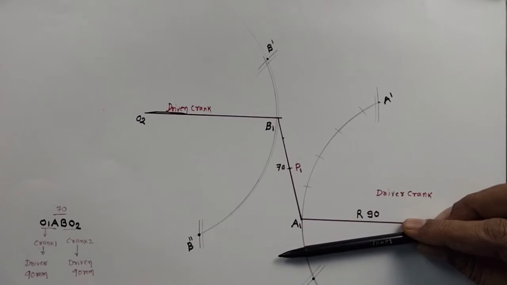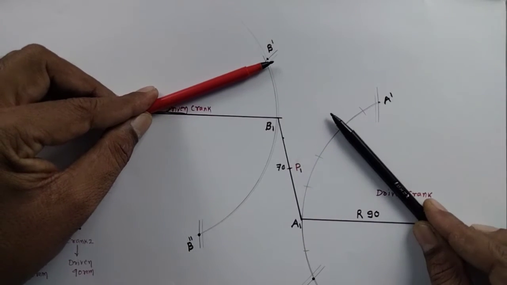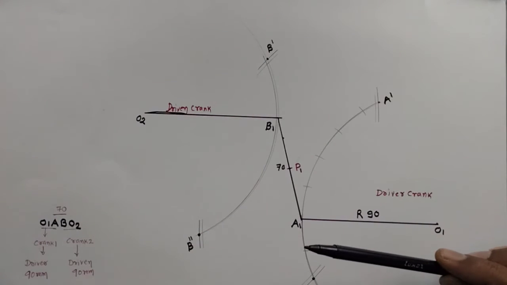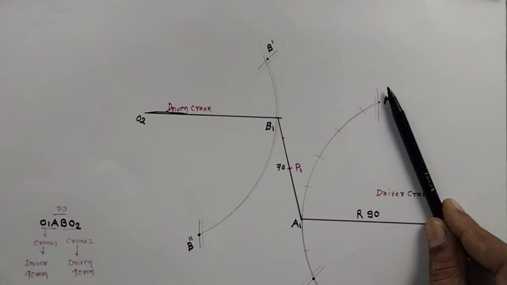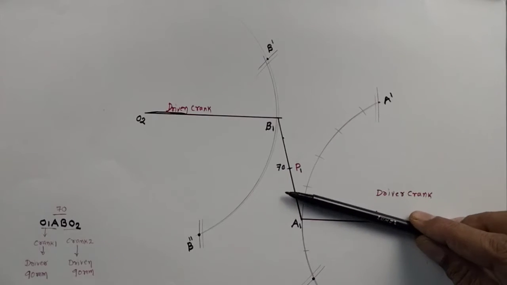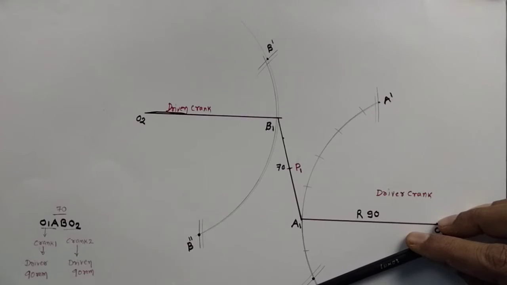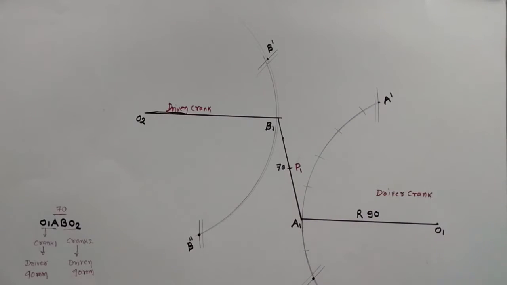Similarly, according to the driver crank movements, your driven crank can also move up and down. So for one oscillation of your driver crank, you have to collect the path of midpoint P on connecting rod.